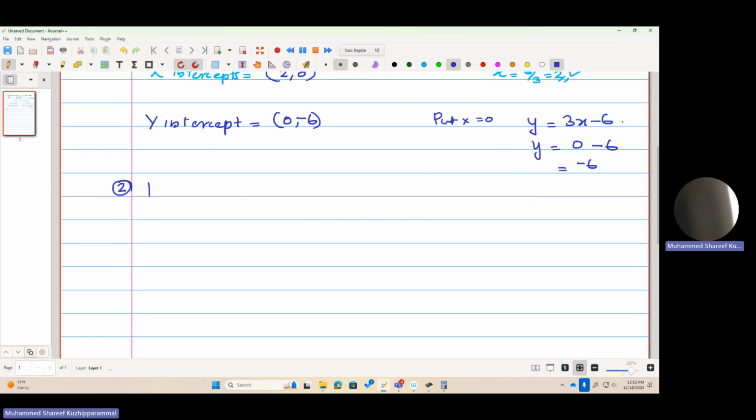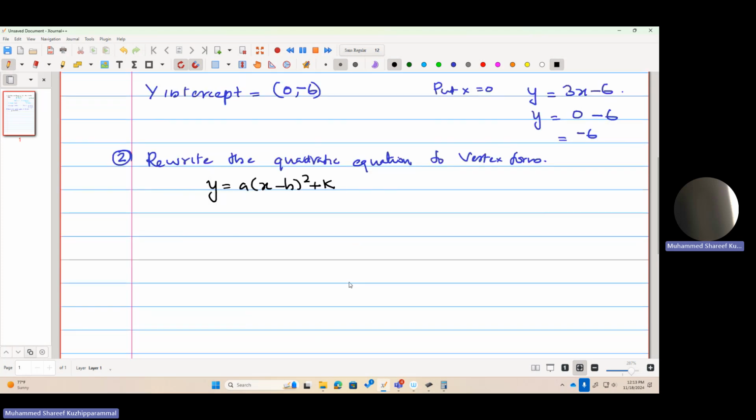See, rewrite the quadratic equation to vertex form. So how to write vertex form? This is vertex form: f(x) = a(x - h)^2 + k. This is called the vertex form, f(x).